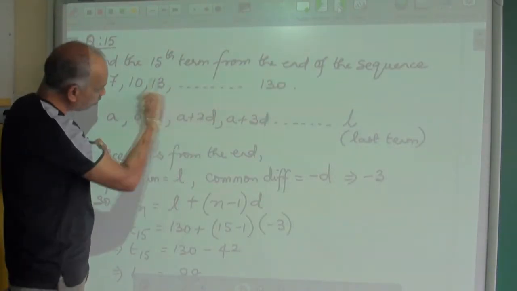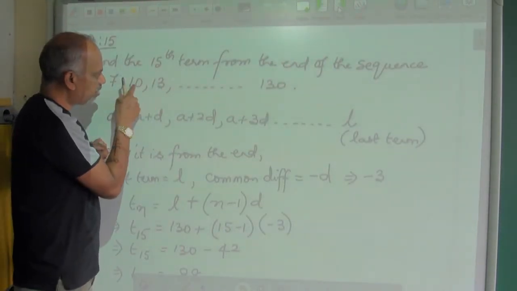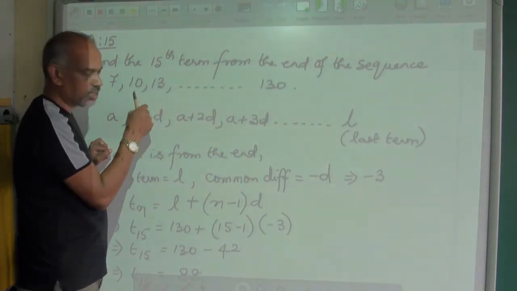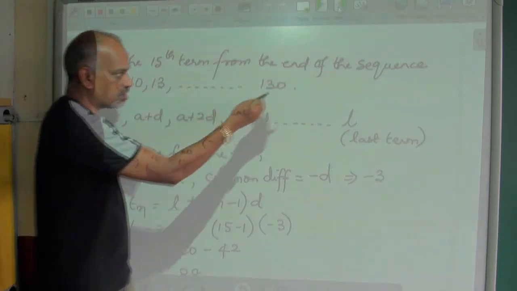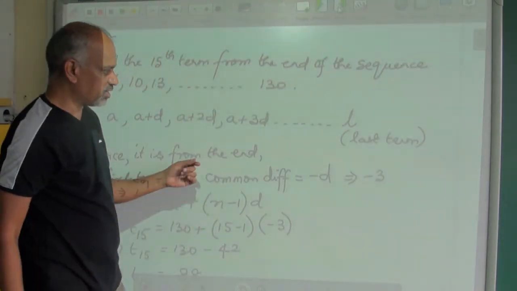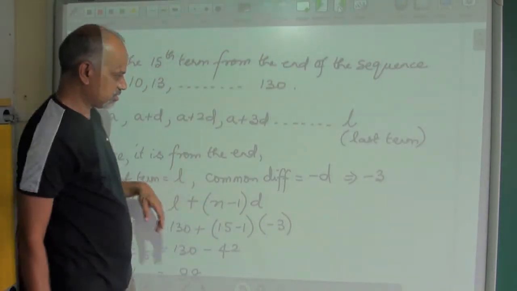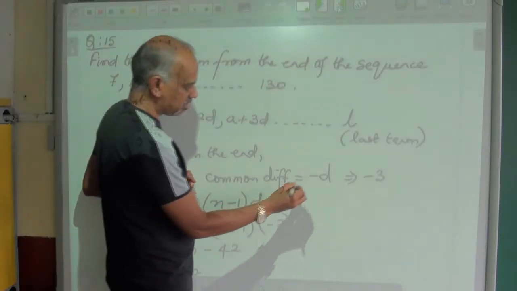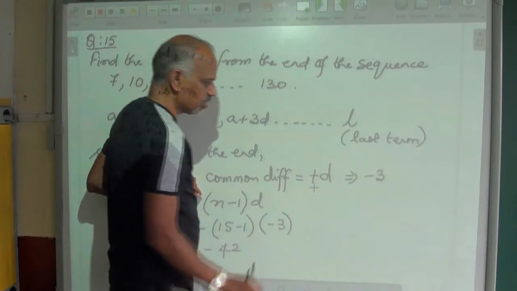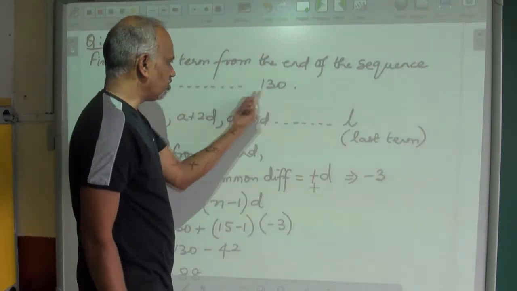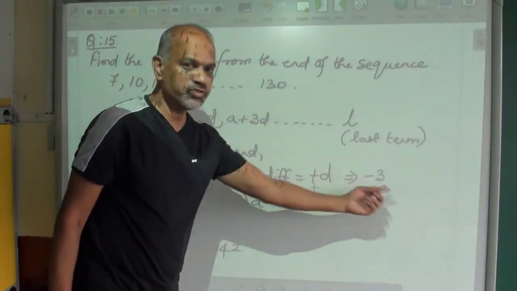But if you're coming backwards, 10 minus 13 is minus 3. 7 minus 10 is minus 3. So we are coming backwards, therefore the common difference will be minus 3. Common difference is d, which is actually, if you're coming this way, minus 3.